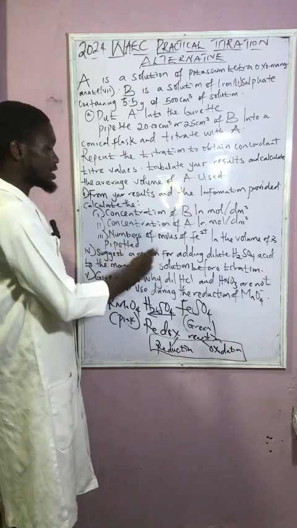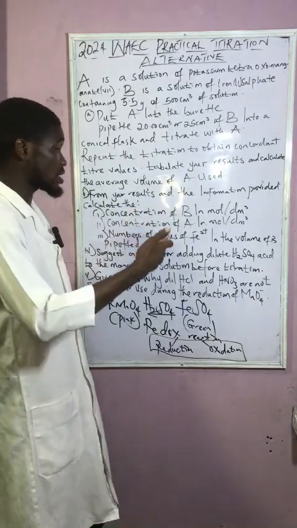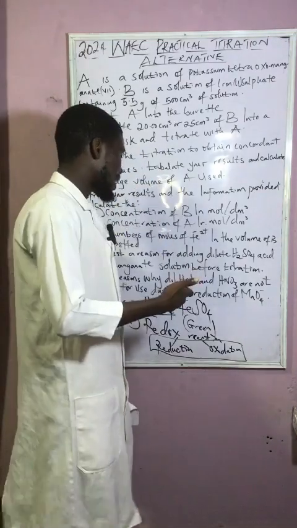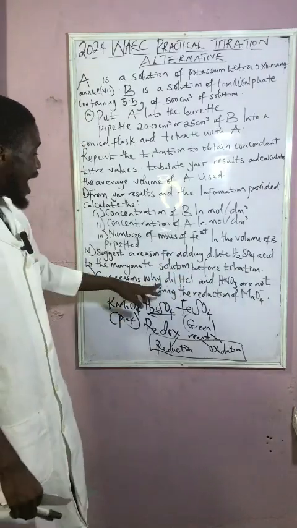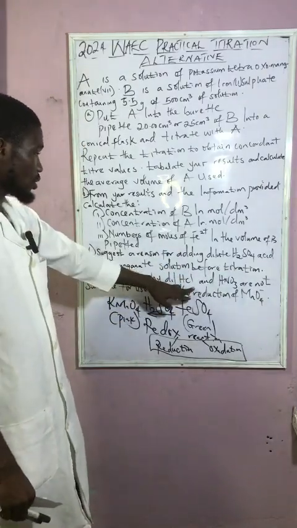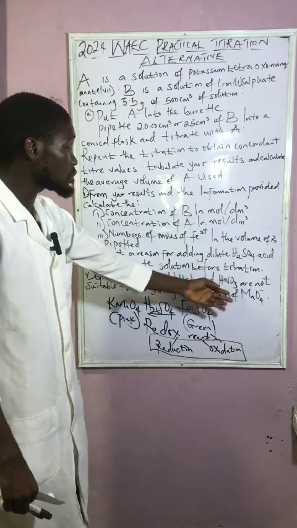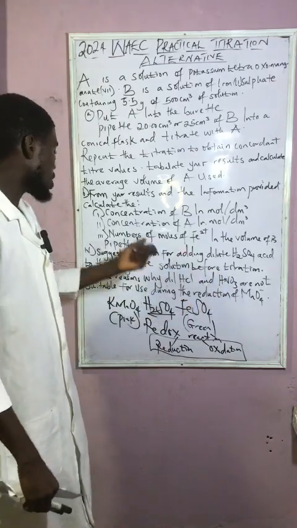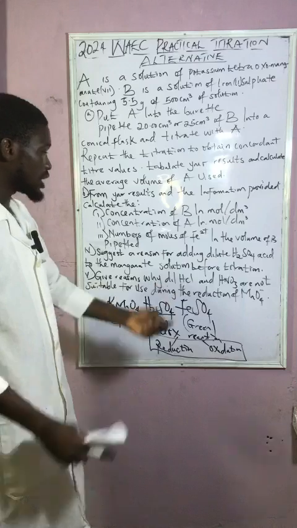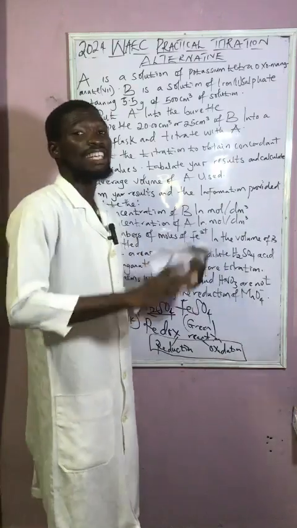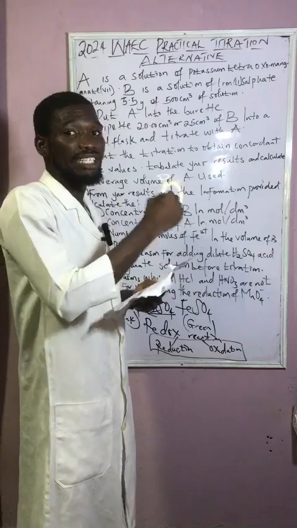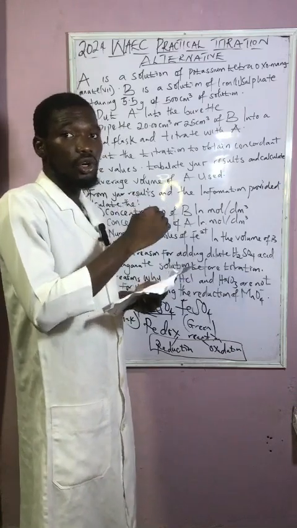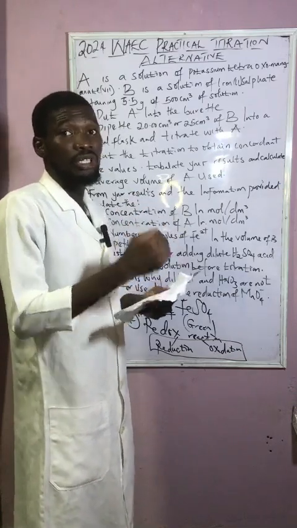Then suggest a reason why we are adding dilute sulfuric acid to the permanganate solution before titration. And the last one: give reasons why dilute HCl and nitric acid, HNO3, are not suitable for use during the reduction. So guys, I'll be showing you more of the alternative way at which you can easily get your likely questions and the solution.